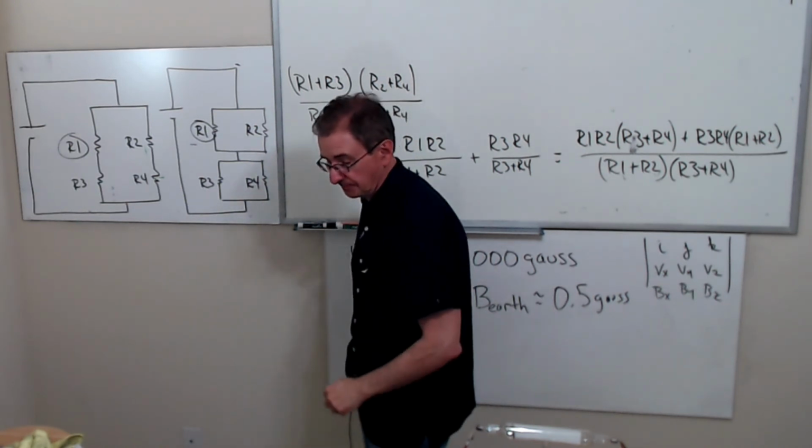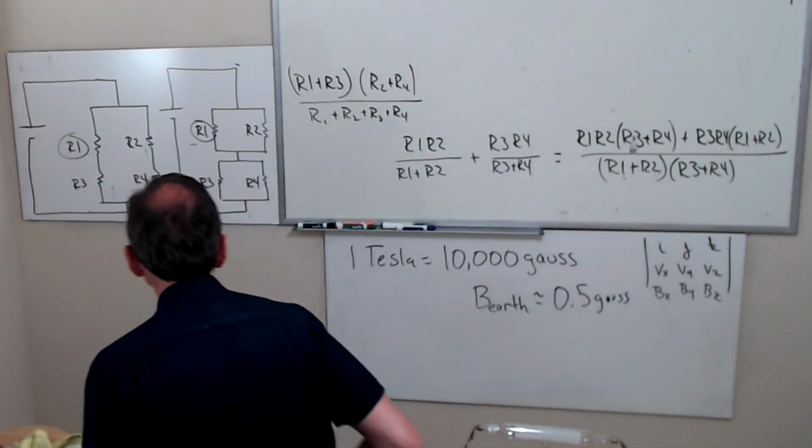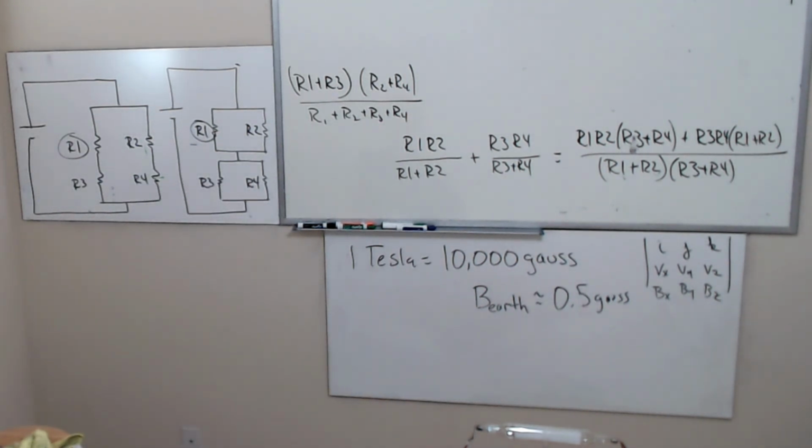I was just trying to make some expectations to check the values that I was getting. Because the circuits are different, by just putting that meter across, this changes everything.